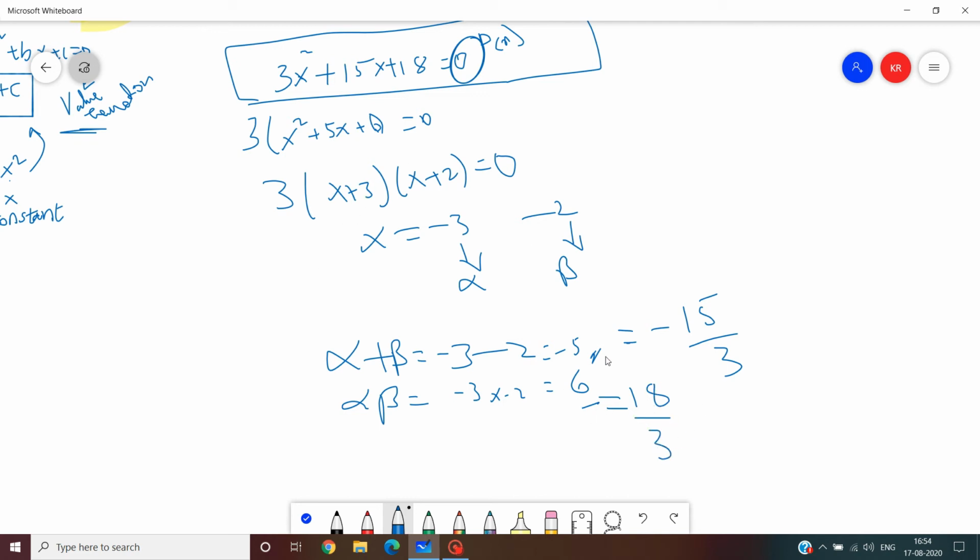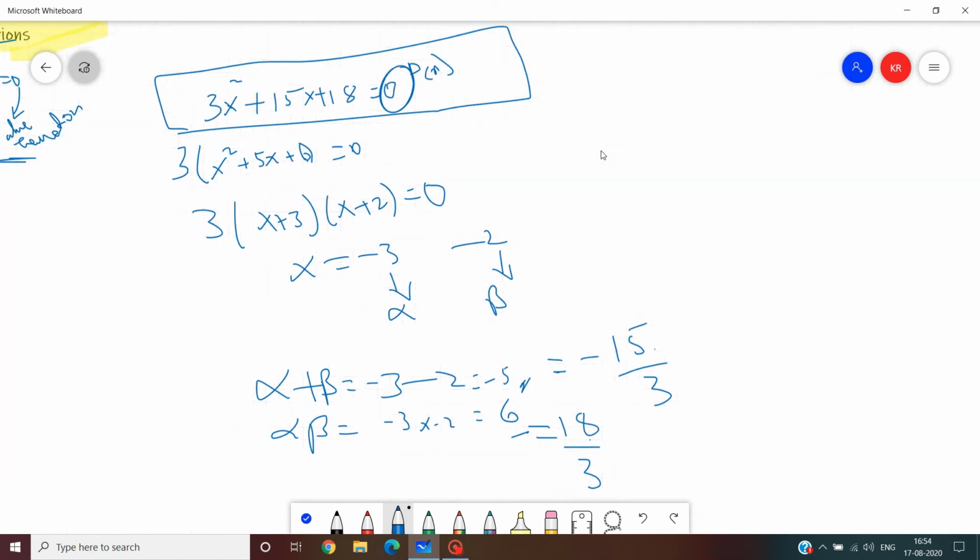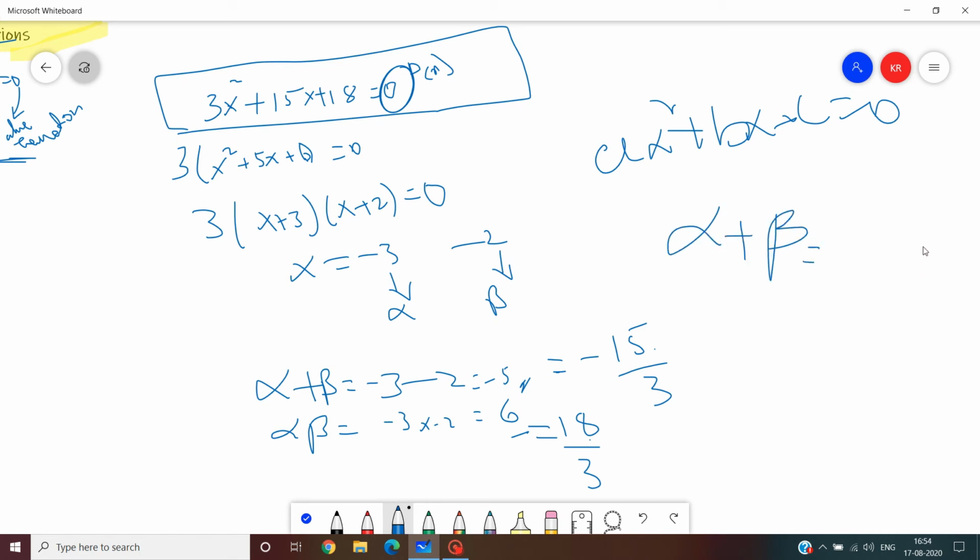So here our coefficients are 18 and 15 as c and b, and 3 as a. Comparing with ax square plus bx plus c equals 0, we can say alpha plus beta equals minus b by a, and alpha into beta equals c by a.